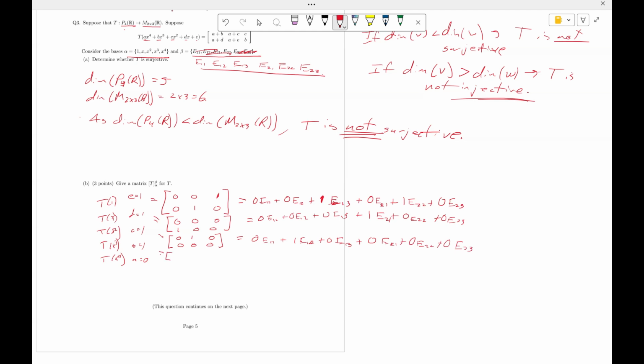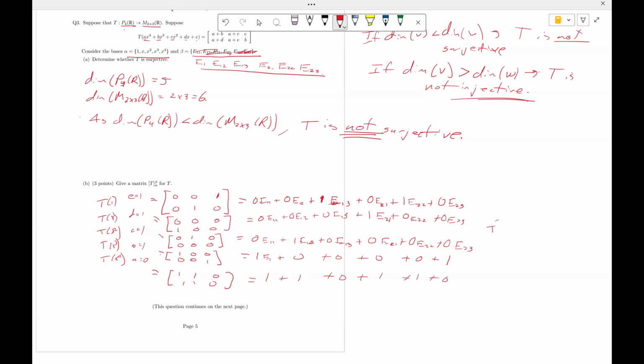B equaling 1 gives us 1, 0, 0, 0, 0, 1, or 1 e11 plus 0 plus 0 plus 0 plus 0 plus 1 e23. And then a equaling 1 is 1, 1, 0, 1, 1, 0.